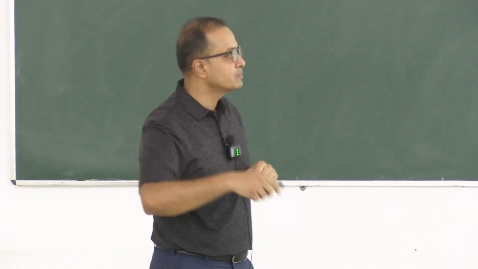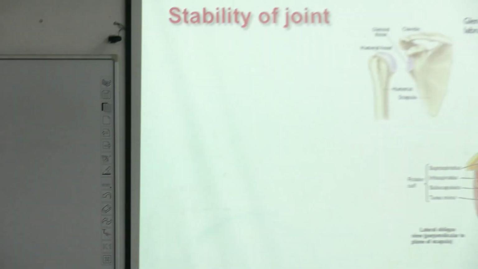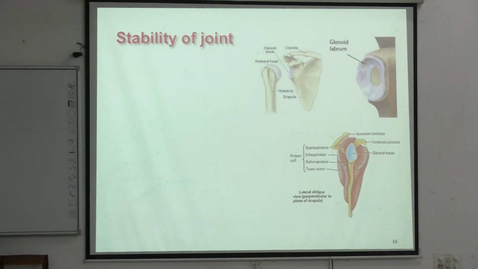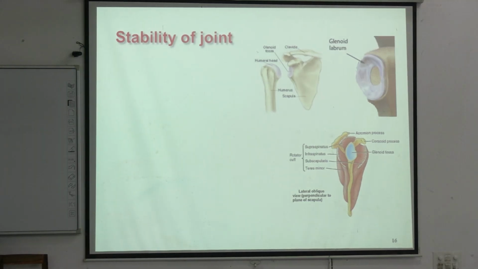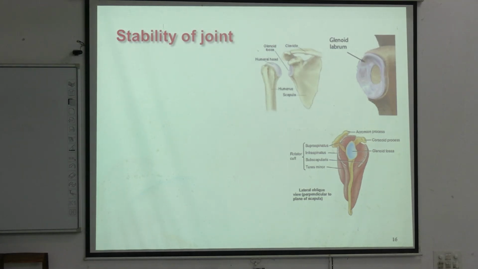What are the muscles present around the joint? You can see that Supraspinatus, Infraspinatus, Teres minor, Subscapularis are around this joint and working on it. Their tendons end on the upper end of the humerus. You remember the greater tuberosity or tubercle and the lesser tubercle.